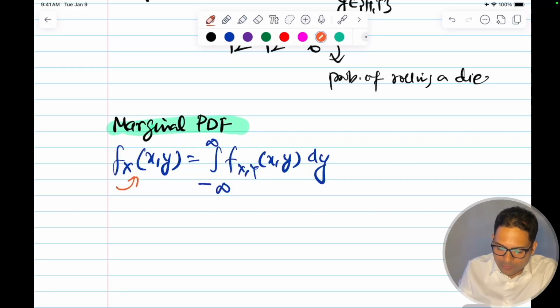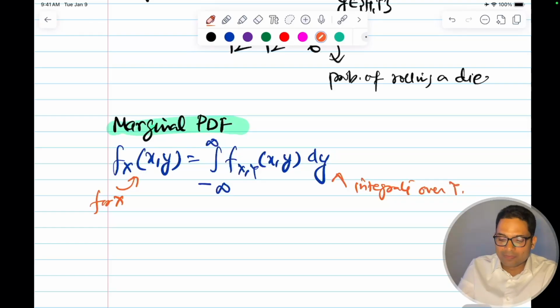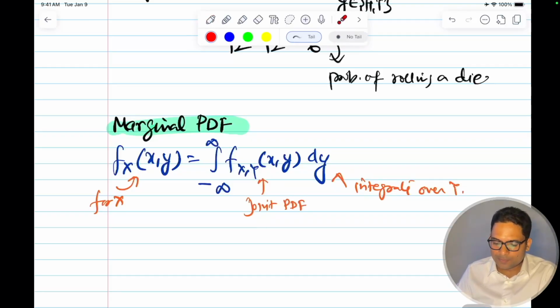This is for x: you integrate or sum over the other variable. Simple. I hope marginal distribution is clear now.